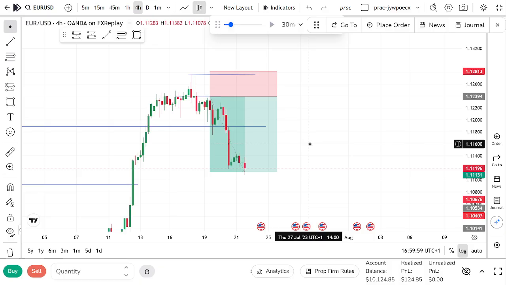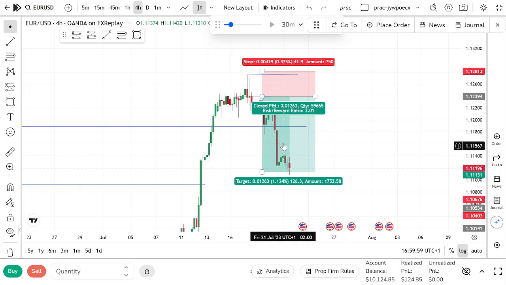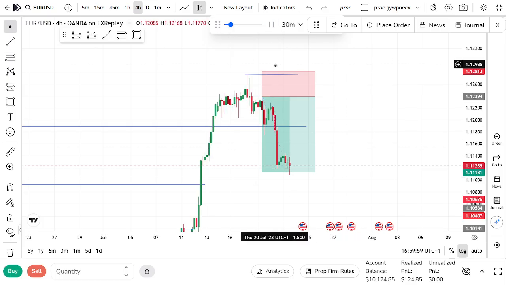If price has taken out a major key level, you can possibly see a long or short term reversal. Most of the times it plays out pretty well and it goes very, very far.